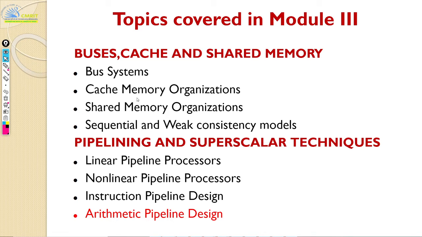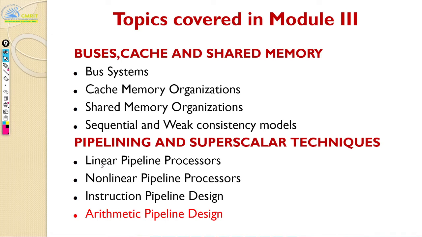So we've come to the last part of module three, which is arithmetic pipeline design. To give a brief recap, we saw what a linear pipeline is, where data moves from one stage to the next and all the way to the end.